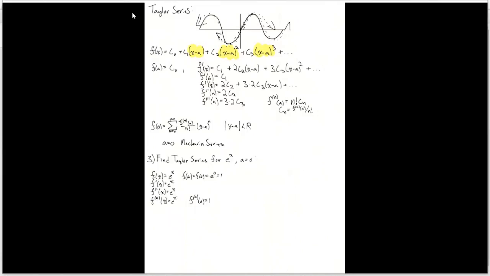So it doesn't depend on n, it's just simply 1. And this is why the power series for e to the x is so nice. We have e to the x is the sum from n equals 0 to infinity of x to the n over n factorial. And that's it.